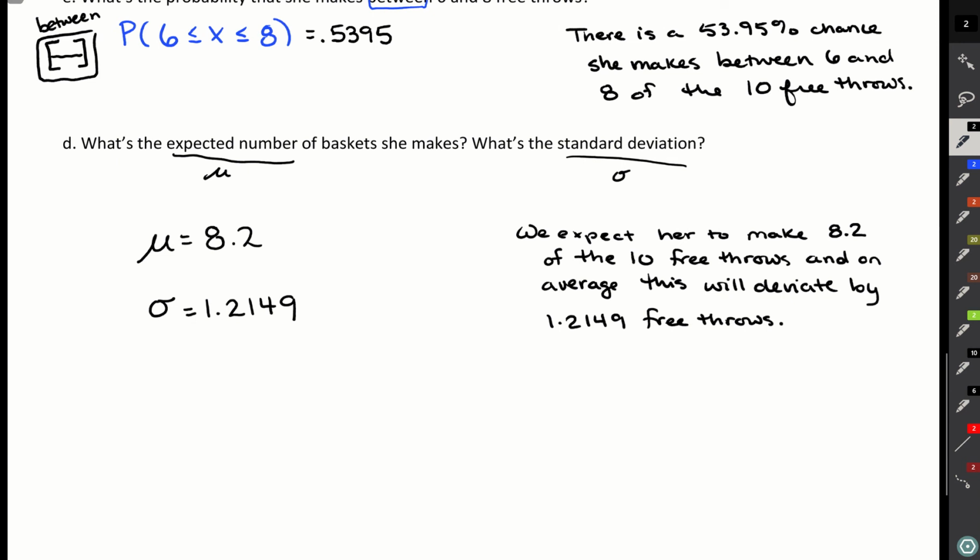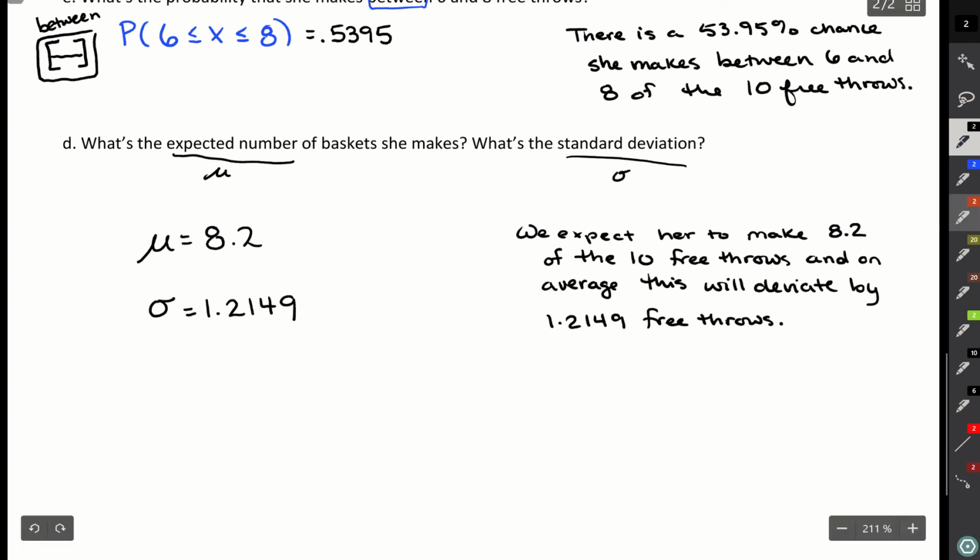Now, what you do with these, I just kind of leave it up to you. Here I use the exact numbers because that's what's calculated, and mathematically that's great. But if you start thinking about real world, like she can't make 8.2 baskets, it would make much more sense to use the number 8. Or then how it will deviate, like you can't have 1.2149 free throws, you could have 1 free throw.